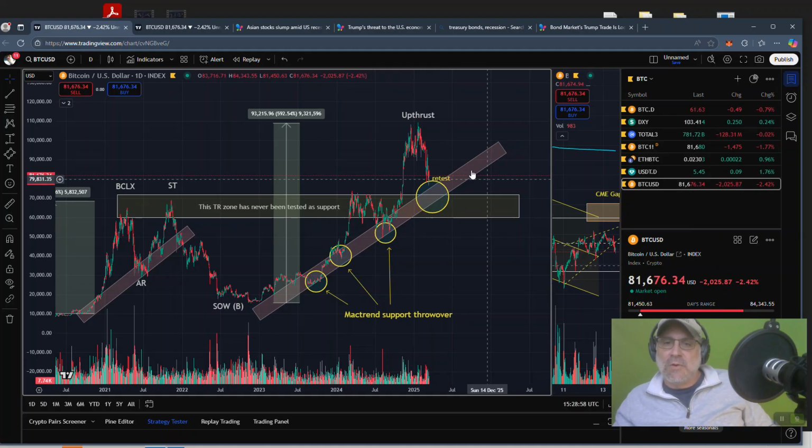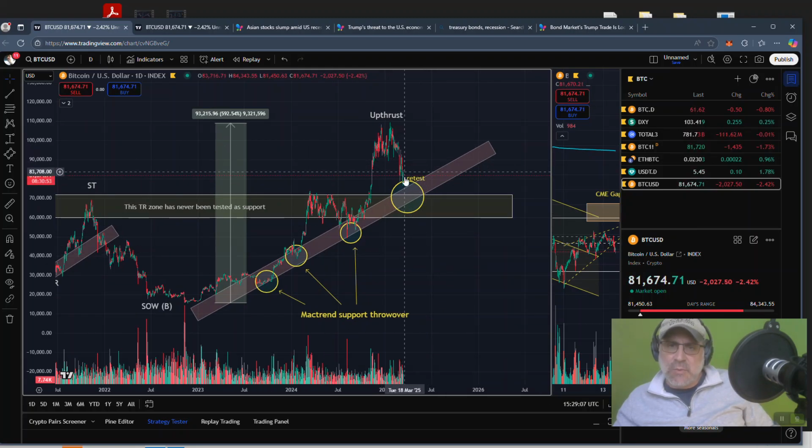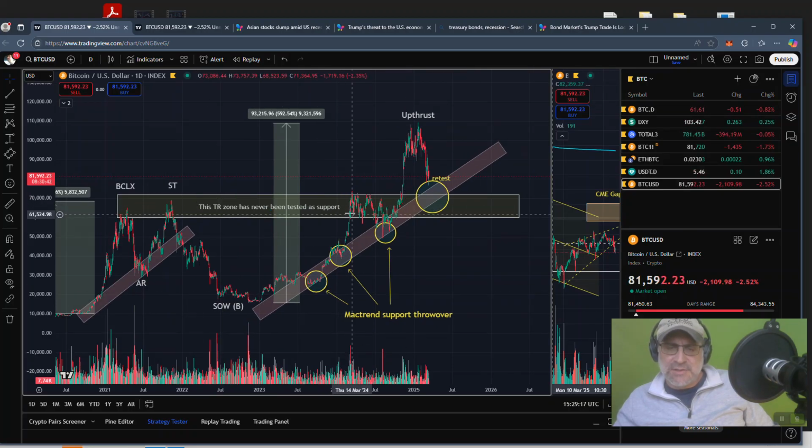And so we have this evidence all to show us that if this follows the established algorithm, this area where we are right now, coming down off this distribution from this top, we're most likely going to retest this supply, this trading range resistance, and what it's going to try to do is create a support line here. And we'll know this when it comes back into the macro trend support line here.